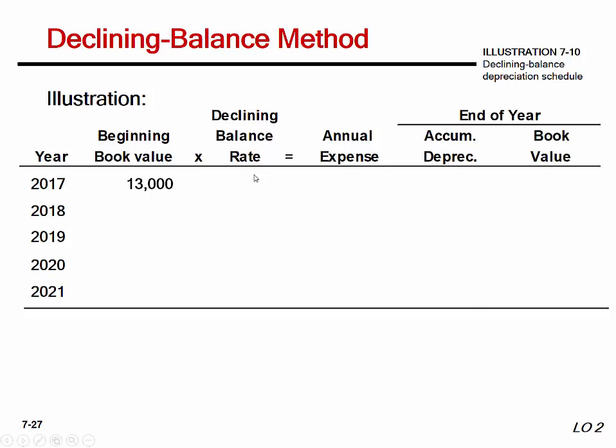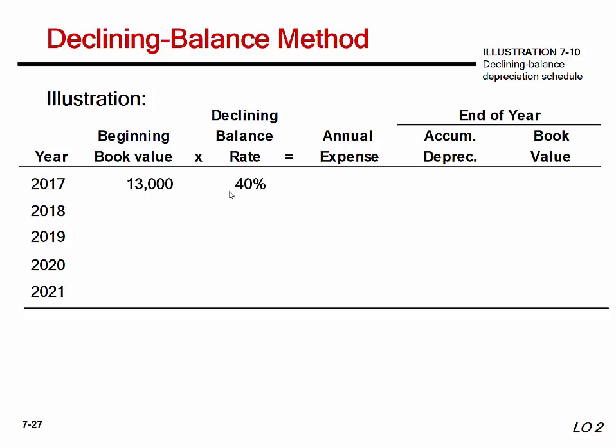And this is the column where you have to say, what is our straight line rate? Our straight line rate was 1 divided by 5, or 20%. And then we're doubling it for our purposes for this chapter. So 40% is our double declining balance rate.